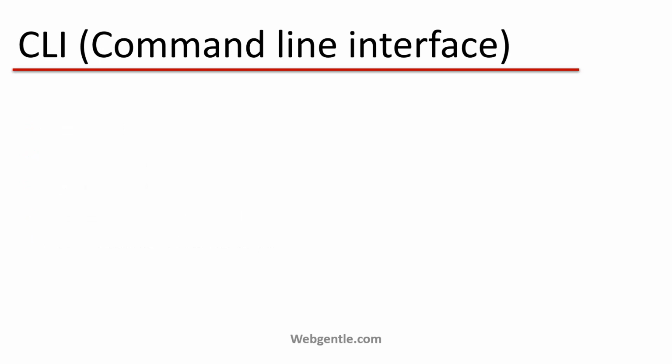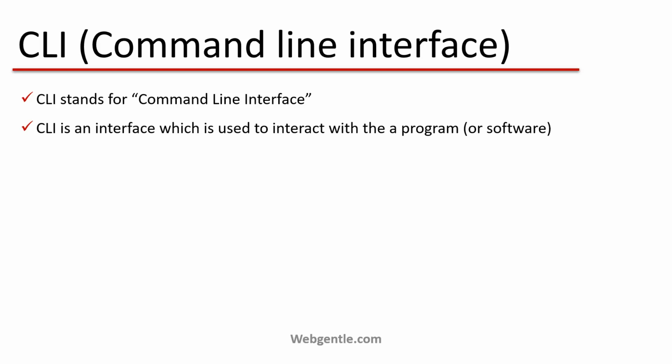Now before learning about the .NET Core CLI, let's understand what is a CLI. The full form of CLI is command line interface. CLI is an interface which is used to interact with a program.